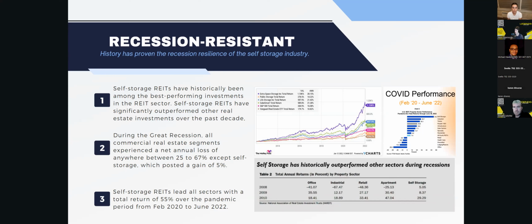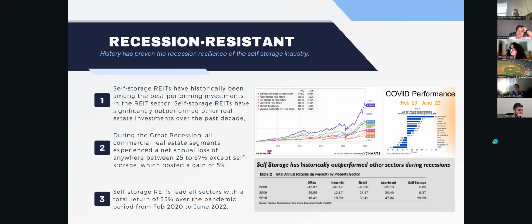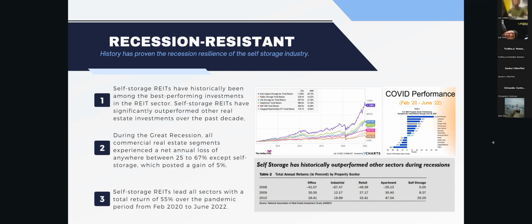Essentially, self-storage REITs have significantly outperformed other real estate investments over the past decade. You can see here on the charts, in 2008, the Great Recession, all commercial real estate segments experienced a net annual loss of anywhere between 25 to 67%, except for self-storage. Self-storage actually had a gain of 5% and was still able to distribute to their investors.